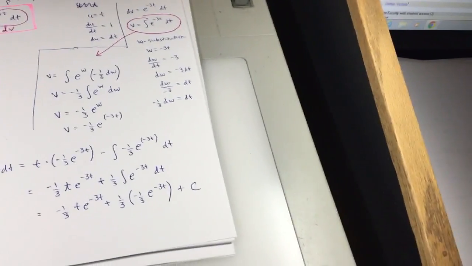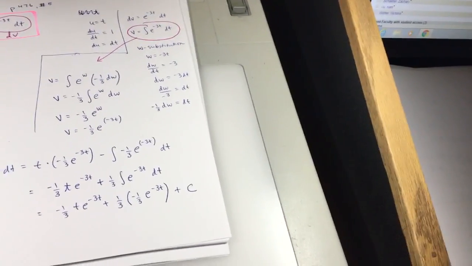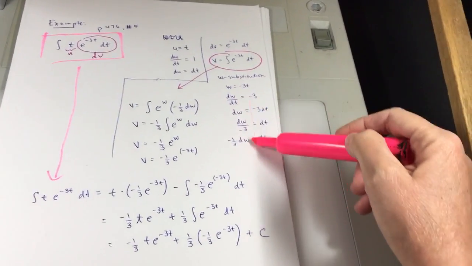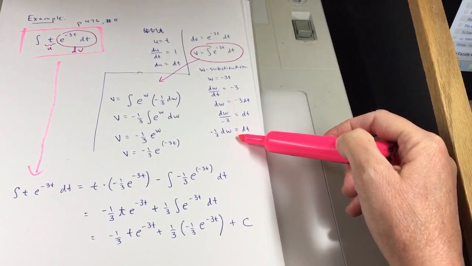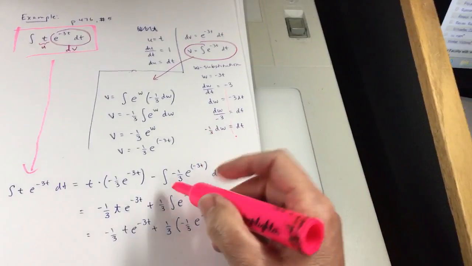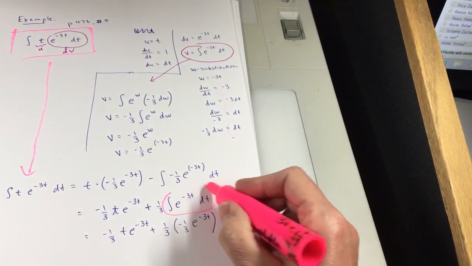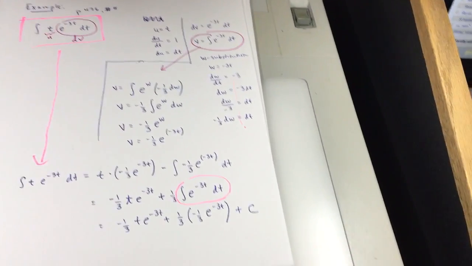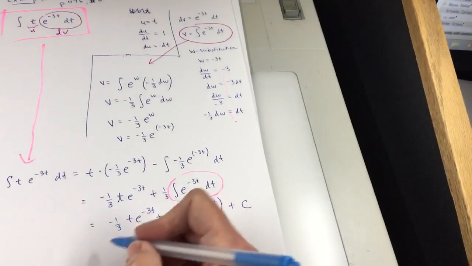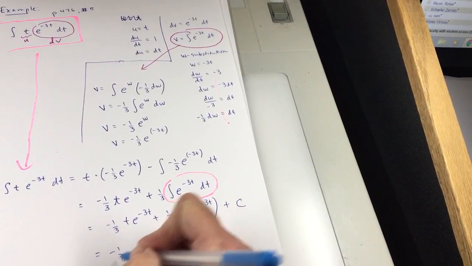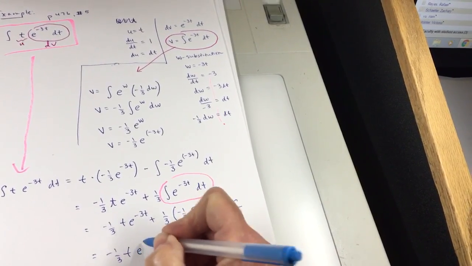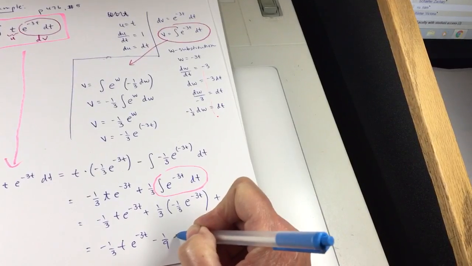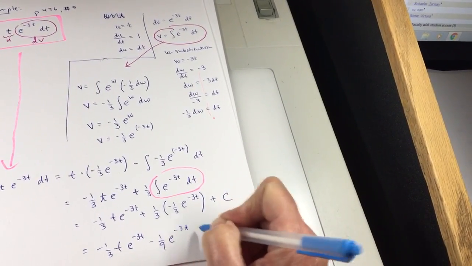You integrated that second time. That first 1/3 came from my first w substitution, and I repeated the w substitution right here, and it comes up again. So that makes it negative 1/9. So I got negative 1/3 t times e to the negative 3t minus 1/9 times e to the negative 3t plus c.